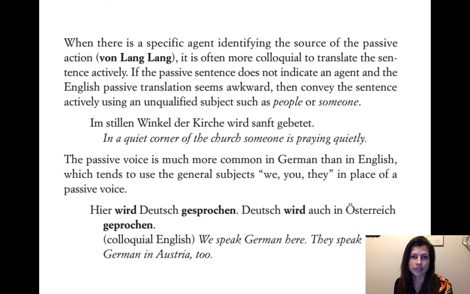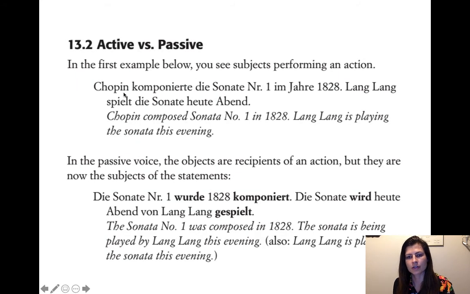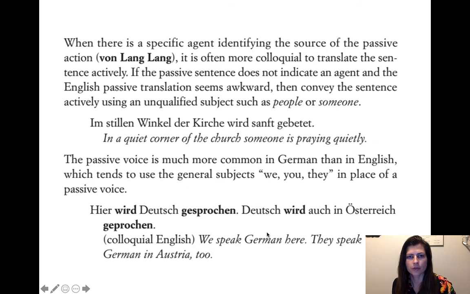Nobody would try to correct you for using a passive voice sentence in German. But when you're translating it into English, sometimes it just sounds better to keep it in the active. So you just make the call there, especially if the agent is there. If the agent isn't there, then of course don't. But if the agent is there, then you might want to just make it active.